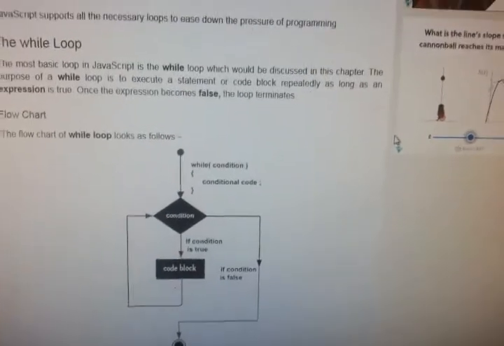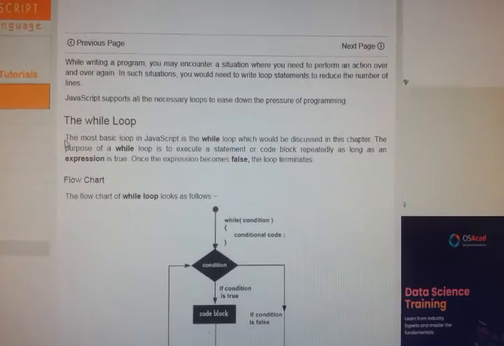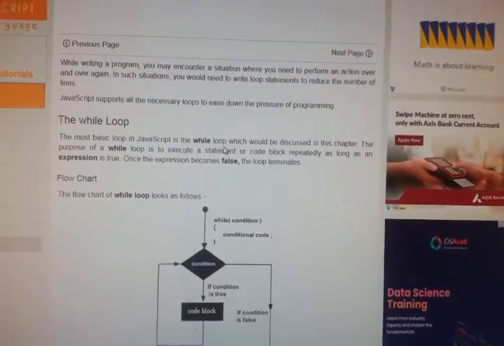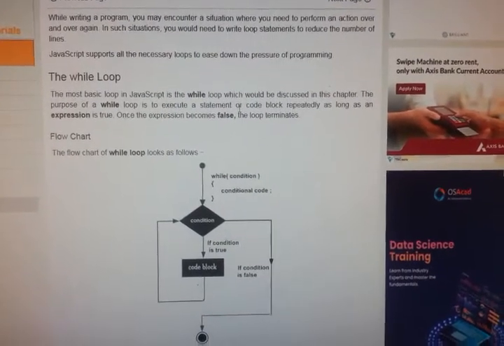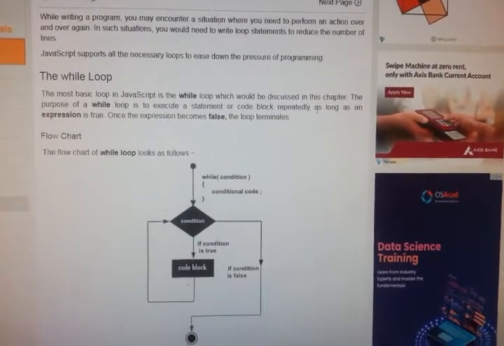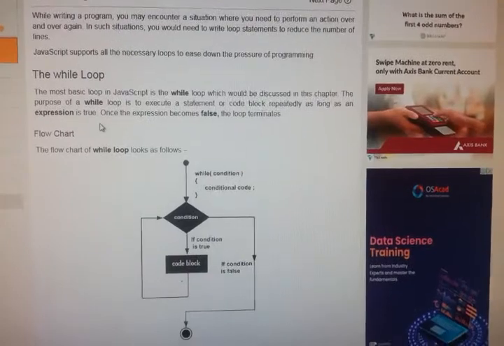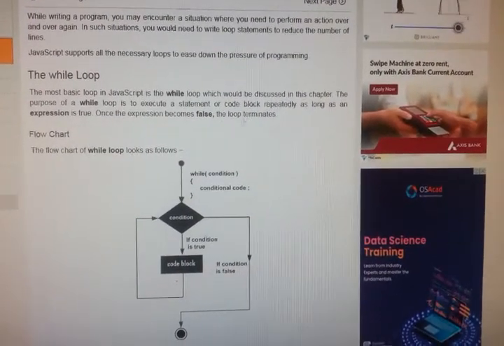First we will see while loop, the most basic loop in JavaScript. The purpose of while loop is to execute a statement or code block repeatedly as long as an expression is true. Once the expression becomes false, the loop terminates.